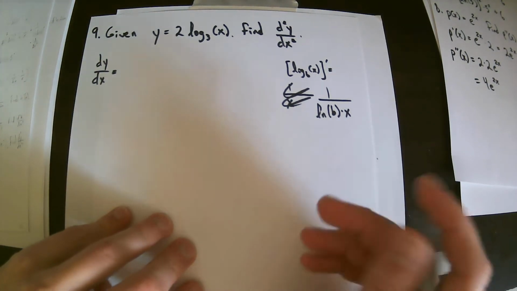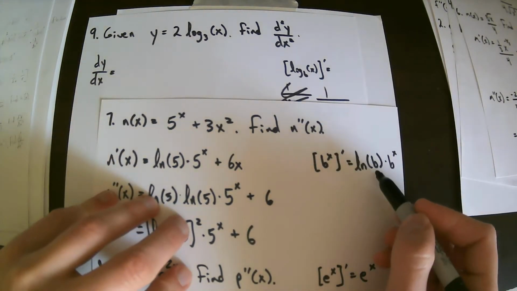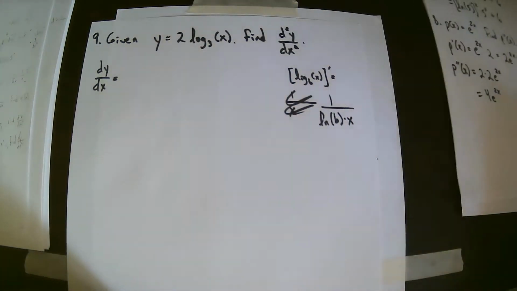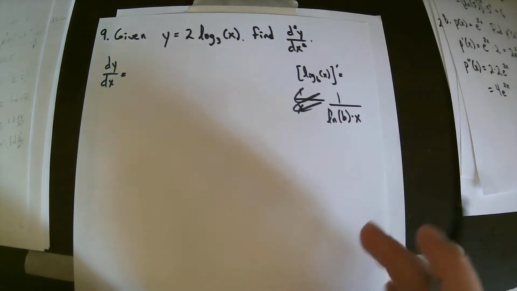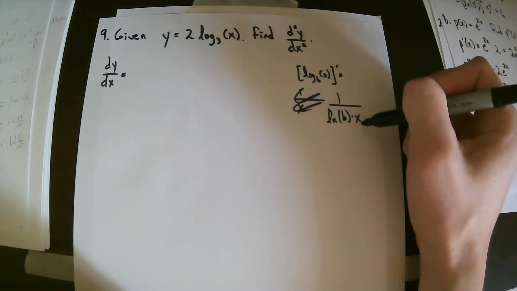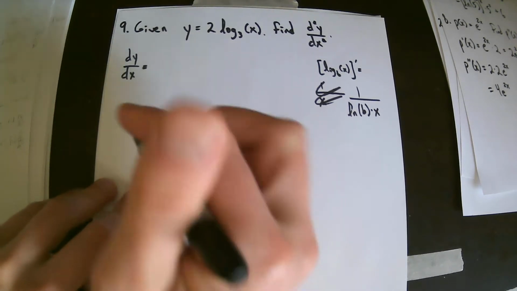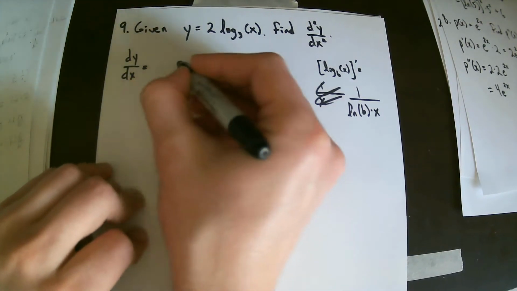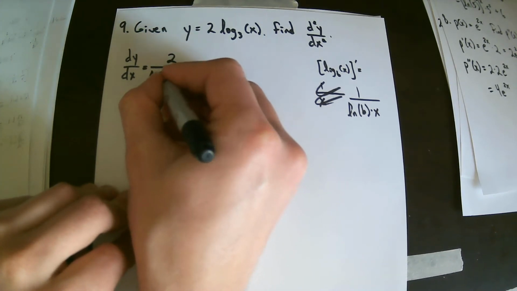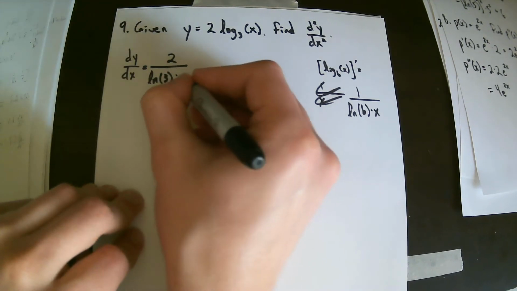So similar to the exponential in the sense that it has an extra factor of that natural log of b, of that base, but it's a different derivative though. Overall, we say the derivative of a log is going to be 1 over x with an extra factor of that ln of the base. Okay, so here, the 2 is just going to get carried along. I'll just go ahead and put the 2 on the top, and I'm going to have natural log of 3 times x.